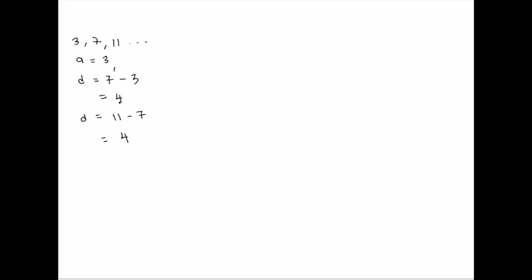Okay, let's look at another example. This time we have negative 2, 4, 10, and so on. Negative 2 is the first term, 4 second term, 10 third term. So the first term, we can name it as A equals -2.